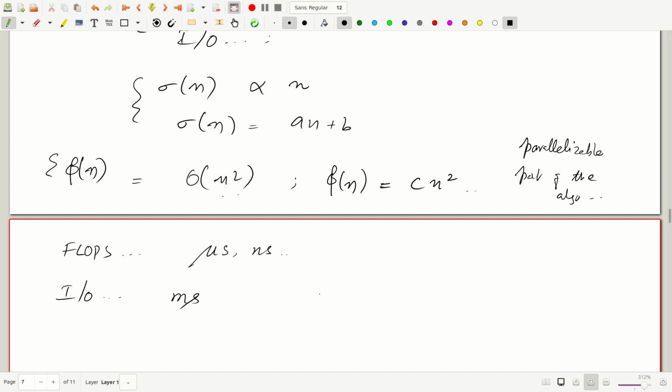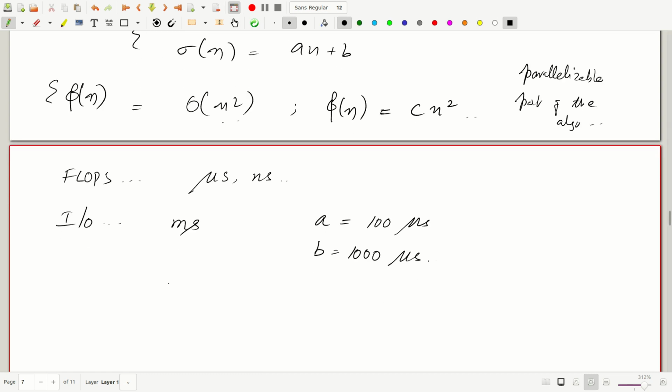So if I were to denote a using 100 microseconds and b using 1000 microseconds, that means 0.1 milliseconds and a millisecond, and let us denote c to be equal to maybe a quarter of a microsecond.